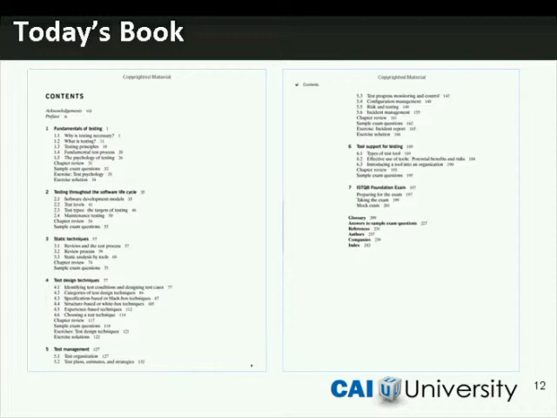Those are covered in some detail, along with a description of how to choose the appropriate technique, because part of being, for example, a master carpenter is not just knowing how to use every tool in your toolbox, but also when to select which tool.